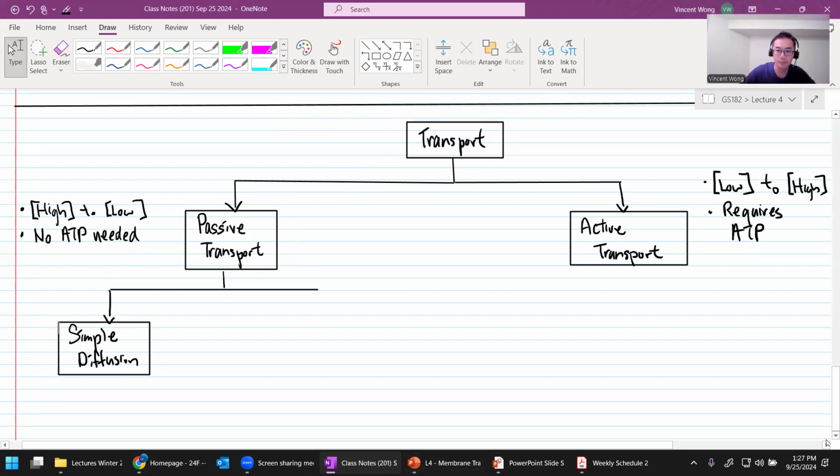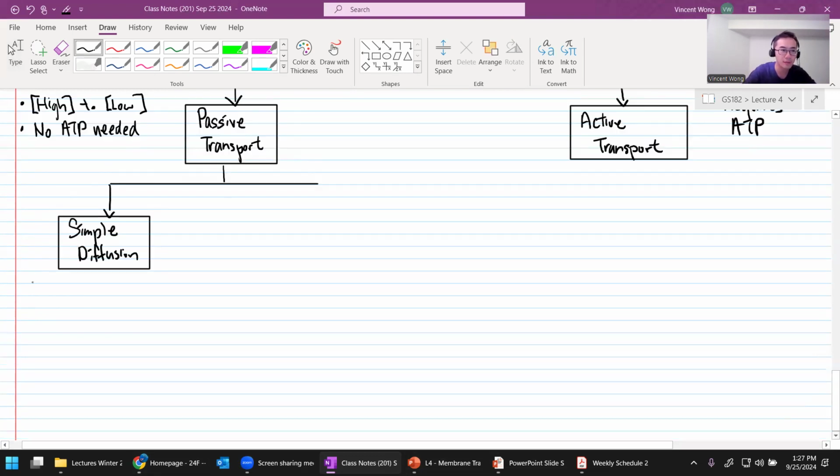Simple diffusion is best for small molecules that can squeeze through the cell membrane on their own. So I'll put some examples in red, such as water. I know water is also involved in osmosis, but osmosis is a type of diffusion as well, right?